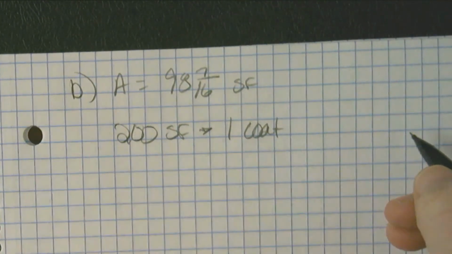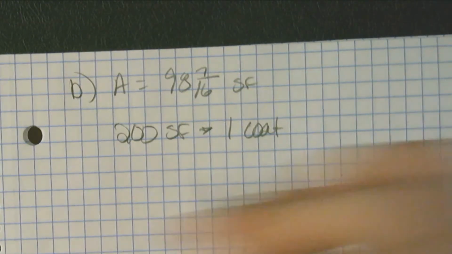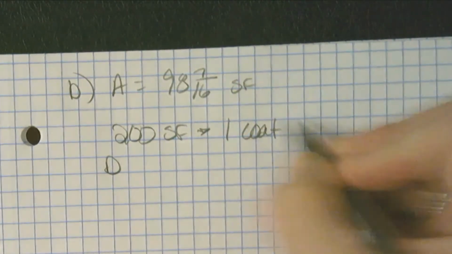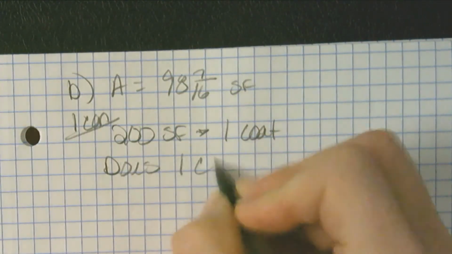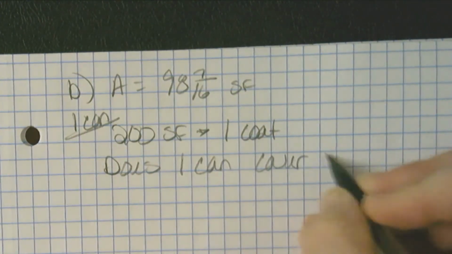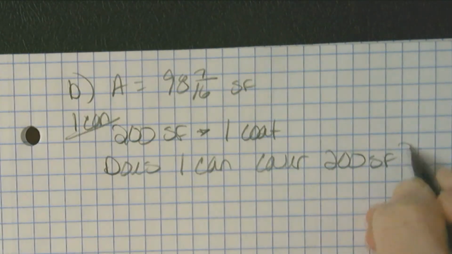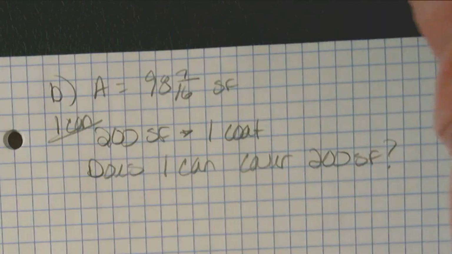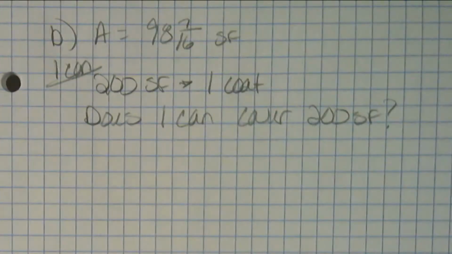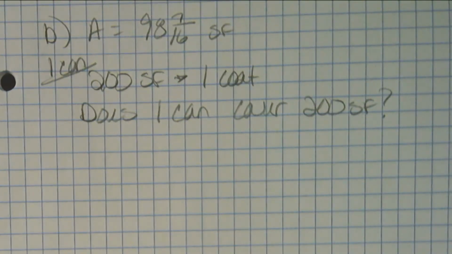All right. So we want to know, does one can, this is one can, does one can cover 200 square feet? How am I going to figure that out? How am I going to figure that out based on what I know? Ada? Say that one more time.